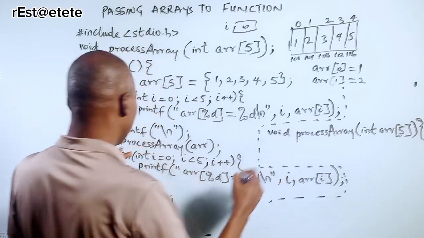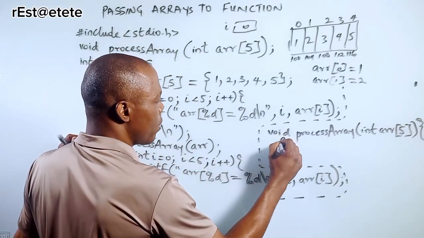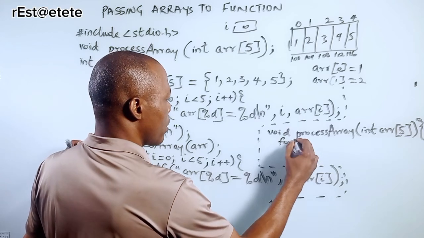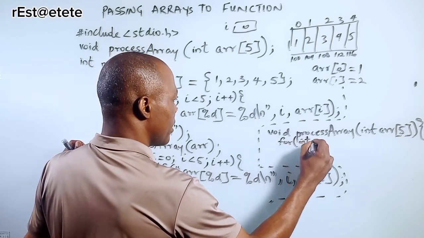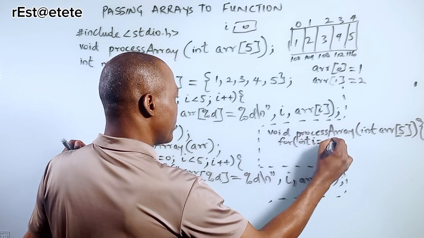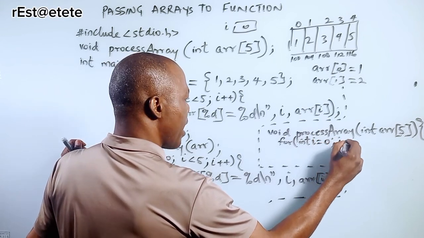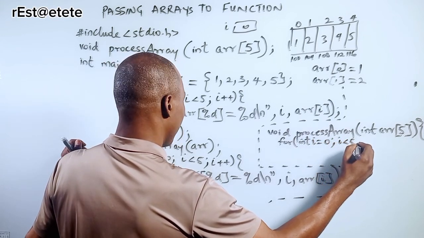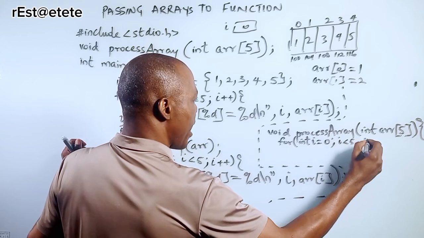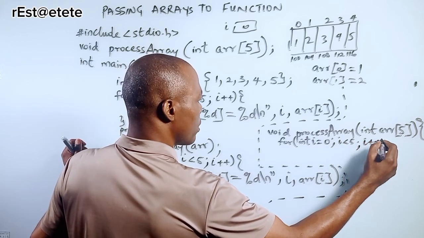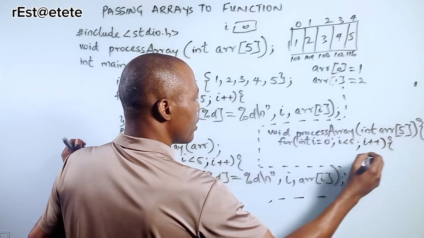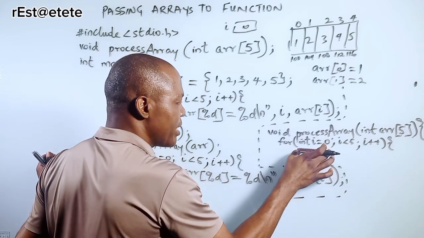Inside it, I'll write another for loop: for int I assign 0, I less than 5, then I plus plus. I'm going to supply a formula inside this for loop.